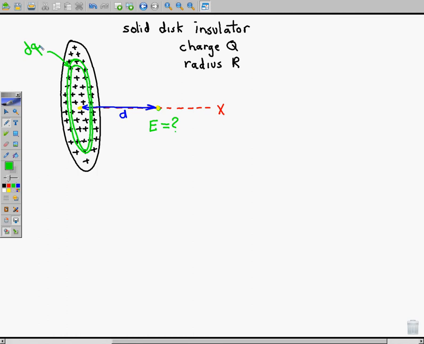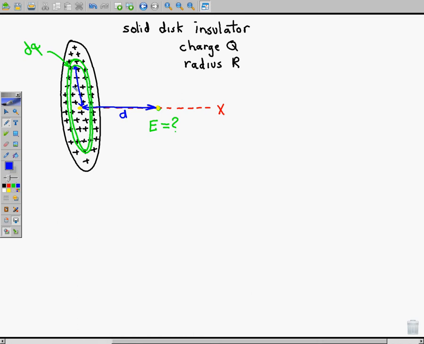We're going to be summing up all of the little dEs from each of those rings. And to get them all, we're going to have to integrate over all the r's. So this time we're going to have to label from the center of the disk to right there.